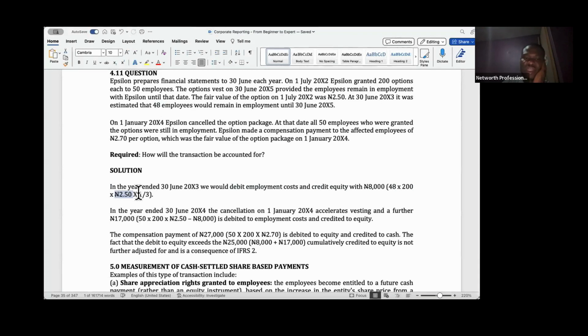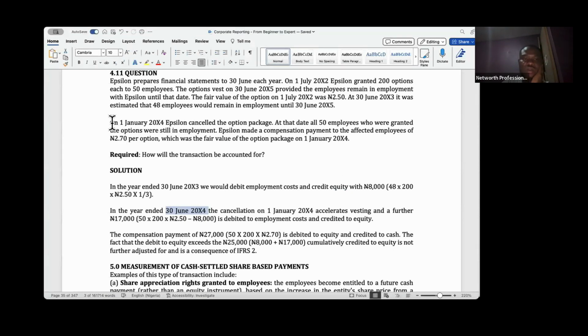But since I'm recognizing only 1 year now, I'll prorate it by 1/3, and that gives me 8,000 in year 1, which I would take the first leg to P&L through employment cost, and the second leg to equity.